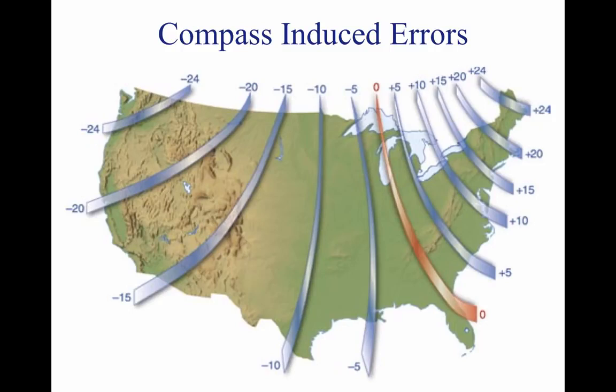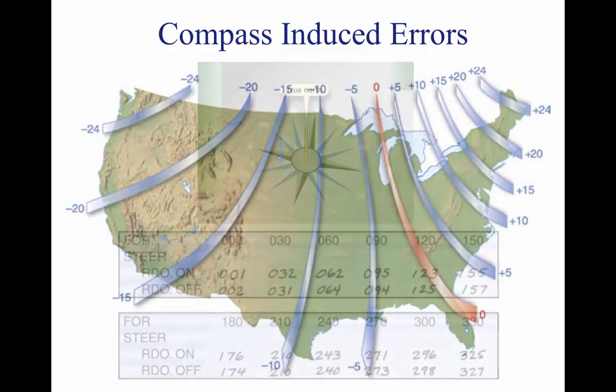The line that passes near Chicago is called the agonic line. Anywhere along this line, the two poles are aligned, and there is no variation. East of this line, the magnetic North Pole is to the west of the geographic North Pole, and a correction must be applied to a compass indication to get a true direction.